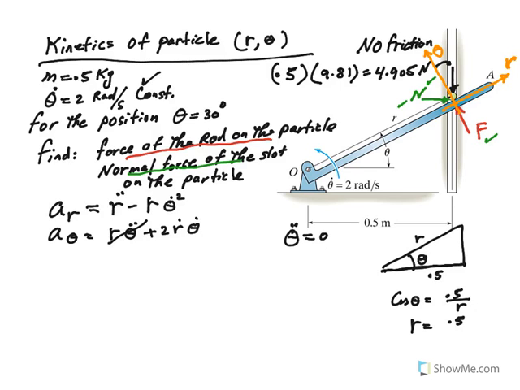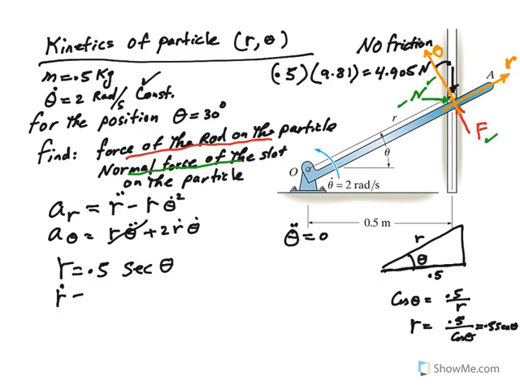So this becomes 0.5 over cosine theta, which eventually becomes 0.5 secant theta, right? So r is equal to 0.5 secant theta, which we could go ahead and calculate at theta equal 30 degrees. But let me wait till I go through the differentiation.